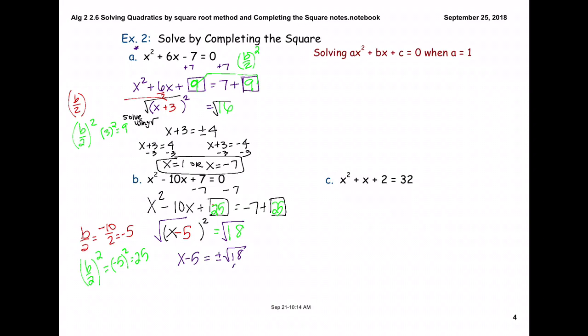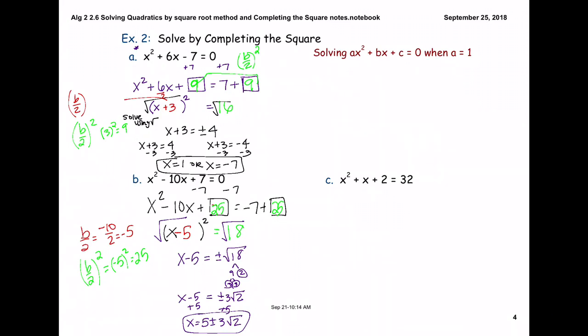We then can simplify the square root of 18 to 3 root 2. So we have plus or minus 3 root 2. Add your 5. 5 and 3 root 2 are not like terms, so we leave it 5 plus or minus 3 root 2.